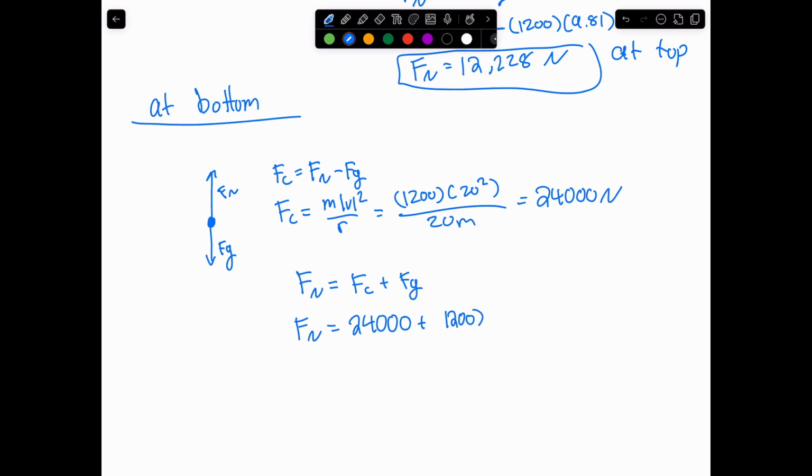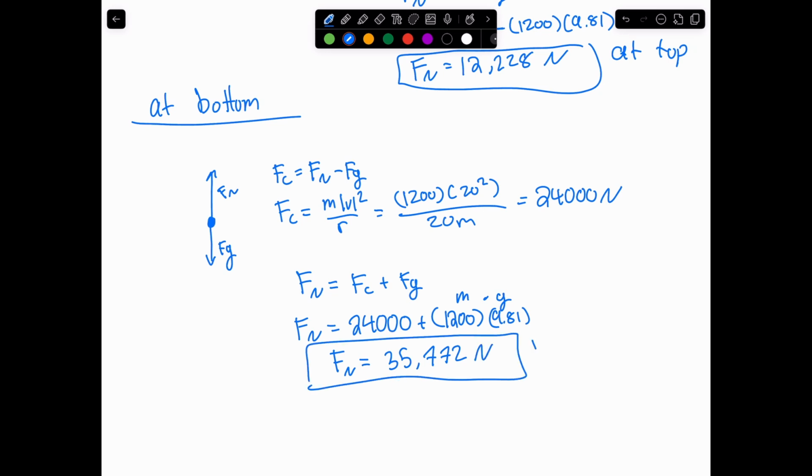Mg is going to be 1200, which is m, times g, 9.81, and beautiful, we now can find Fn. If you take out your handy-dandy calculator, you can find out that Fn is equal to 35,772 newtons for the bottom of the loop.